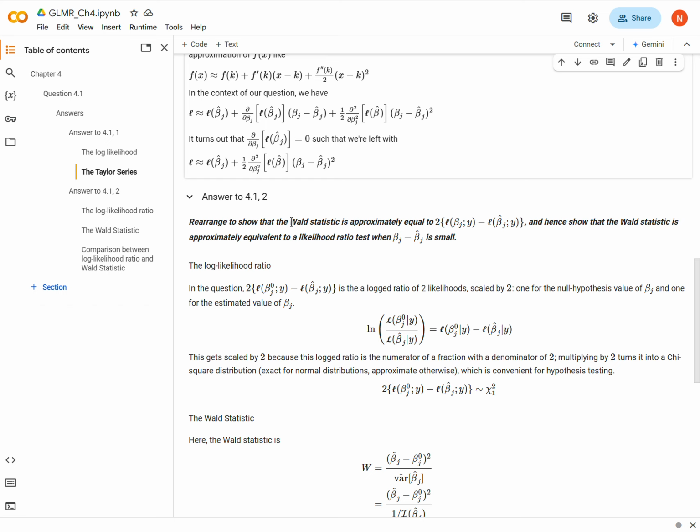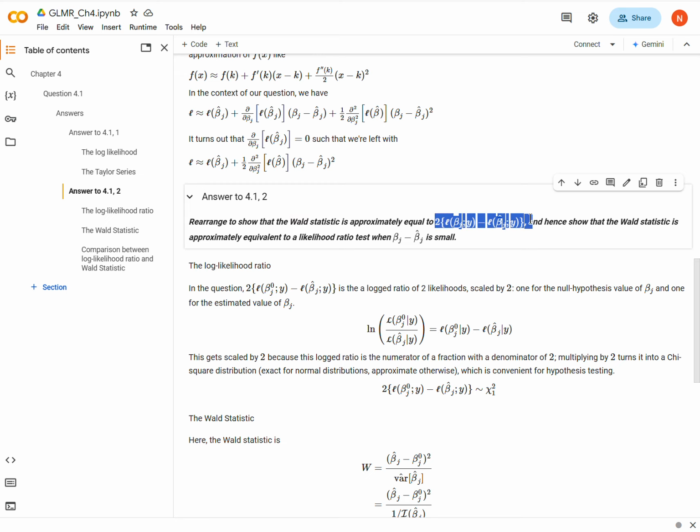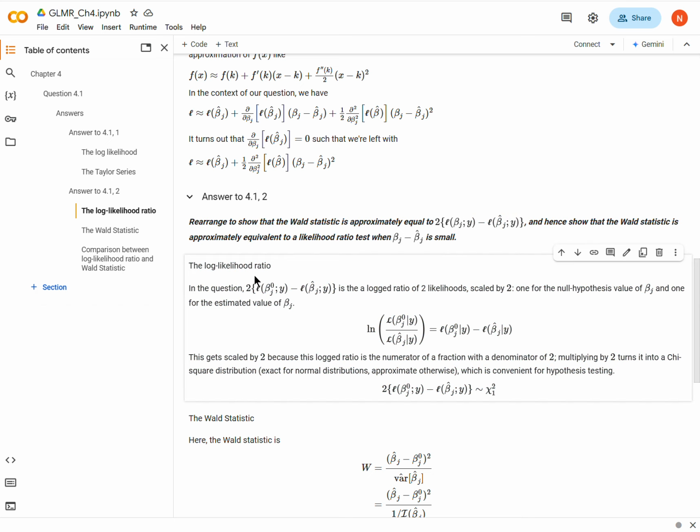Okay, and so now we're going to rearrange the Wald statistic, and we're going to show that it's approximately equal to this thing right here, and we'll talk about what that thing is. And hence that the Wald statistic is approximately equal to the log likelihood ratio test when the difference between beta and beta hat is small. So first let's talk about this thing. So this is the log likelihood ratio.